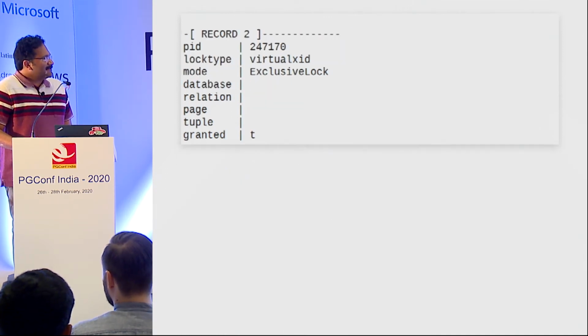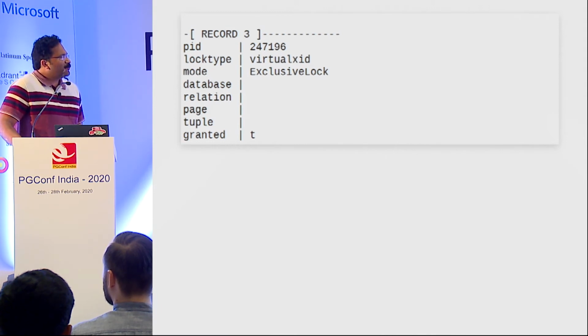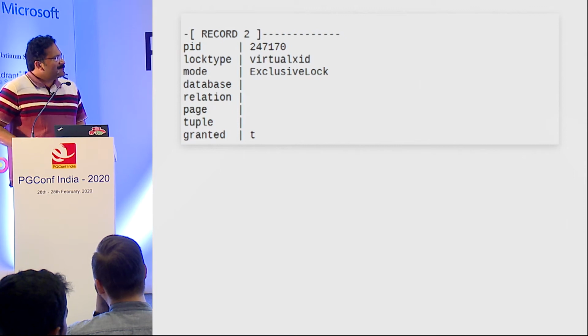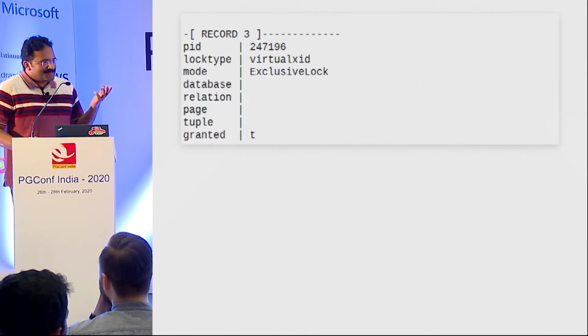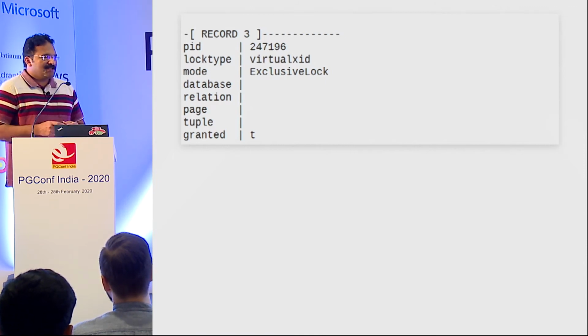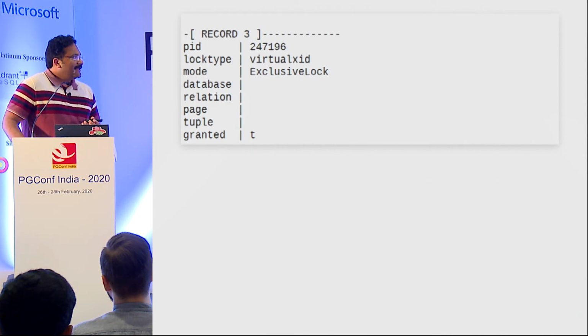The other locks are these two. I split up the output to fit in the slide. So each backend holds one exclusive lock on a virtual XID, which is granted, and I seem to have forgotten to include the virtual XID. But this is just something that you have to be familiar with, because any transaction that runs will hold an exclusive lock on its own virtual XID.